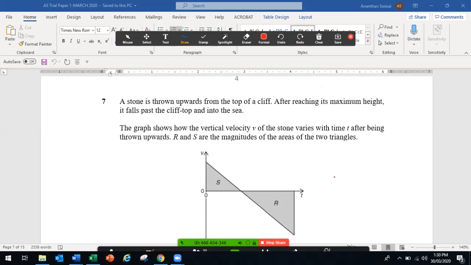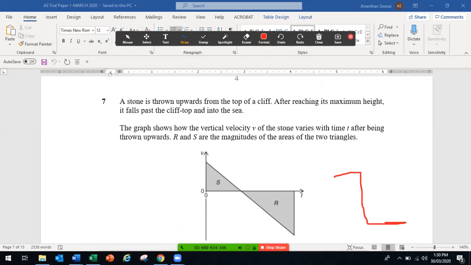You see, this is the cliff and this is the sea. The ball is thrown upwards from the cliff and comes down. So your S is which distance? This area is which displacement?